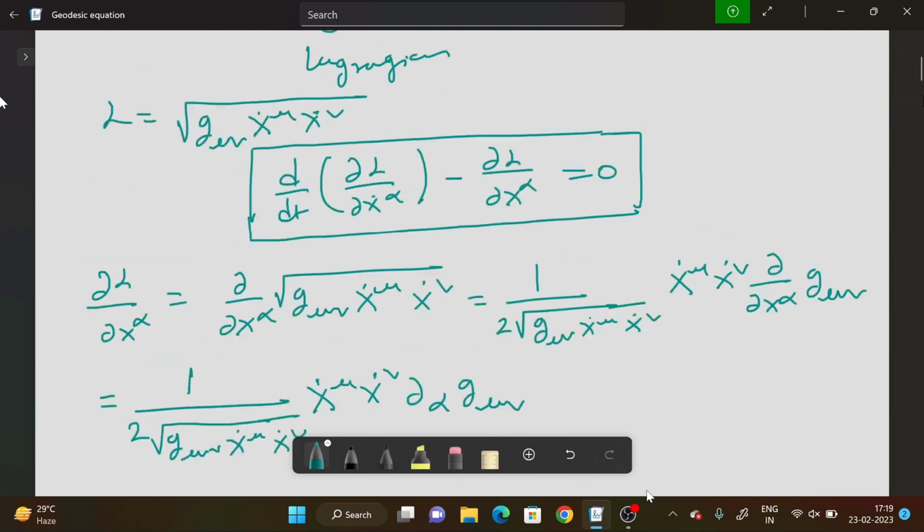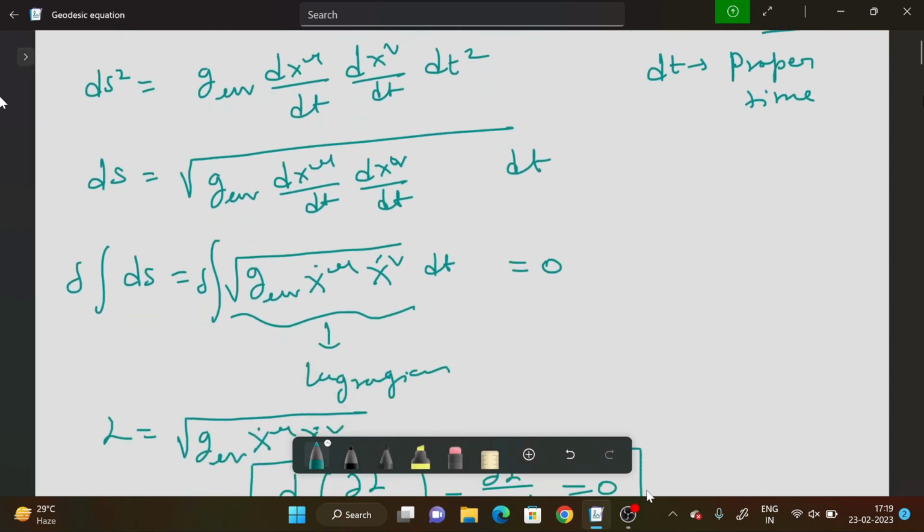Now there is one thing to note over here. Look at this quantity. If I take this dt to the other side of the equation, it becomes ds upon dt equals the square root of g mu nu x dot mu x dot nu. Notice this quantity. Well, this is just a constant, because ds is a line element and it is invariant, and dt is the proper time, which is also invariant.